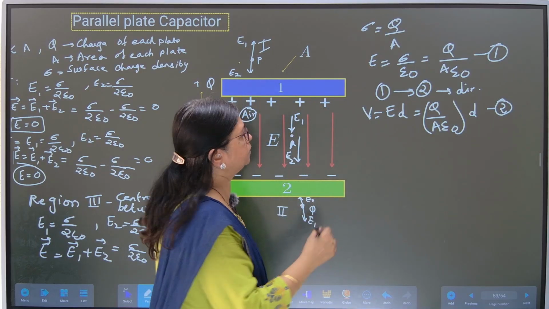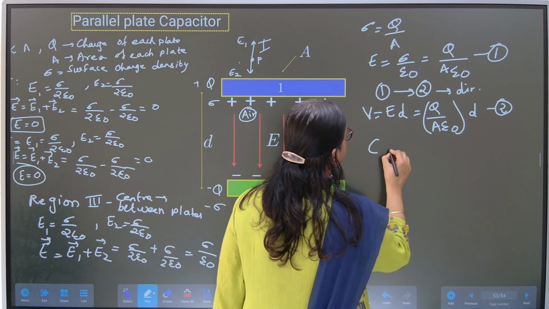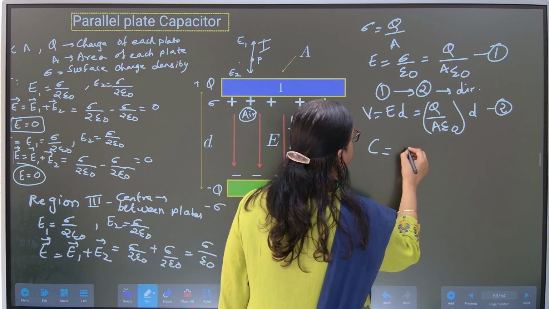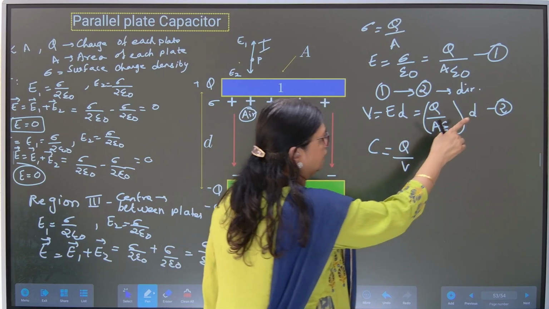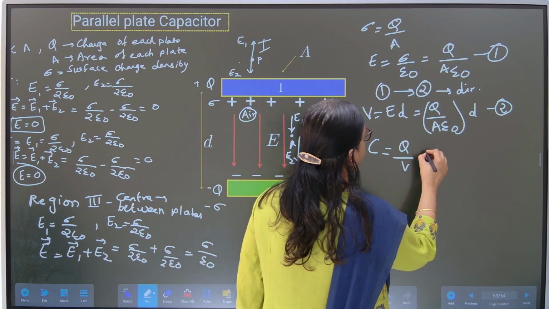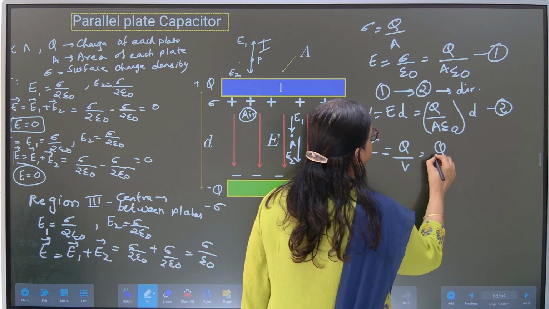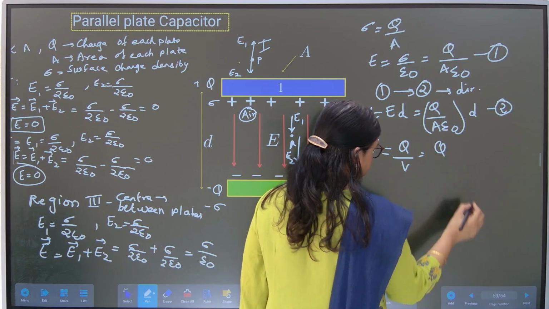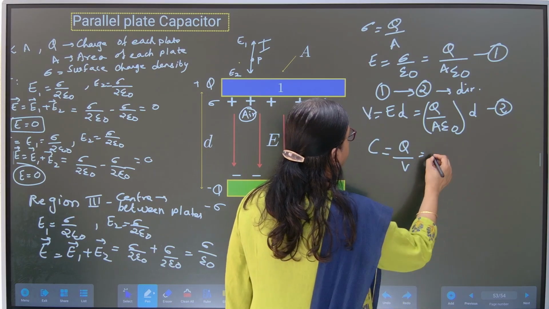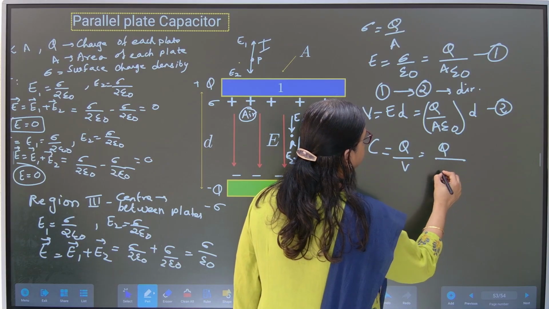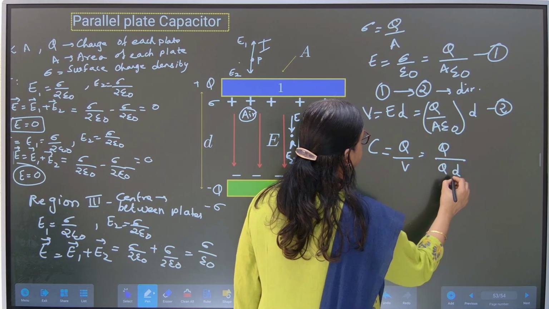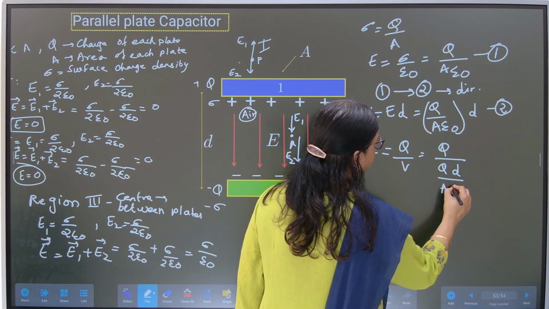Now in the previous page we have learned the formula of capacitance, C is equal to Q upon V. Substituting equation 2 in the denominator, we get Q upon QD upon A epsilon naught.